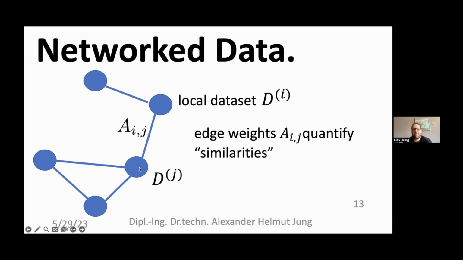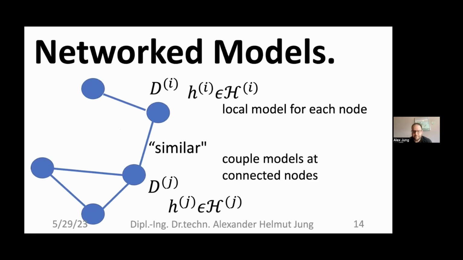And then you have two smartphone users nearby each other. And the statistical properties of these nearby smartphone users, for example during a pandemic, might be somewhat correlated or similar. So we have these network edges with weights that quantify similarities between local data sets.